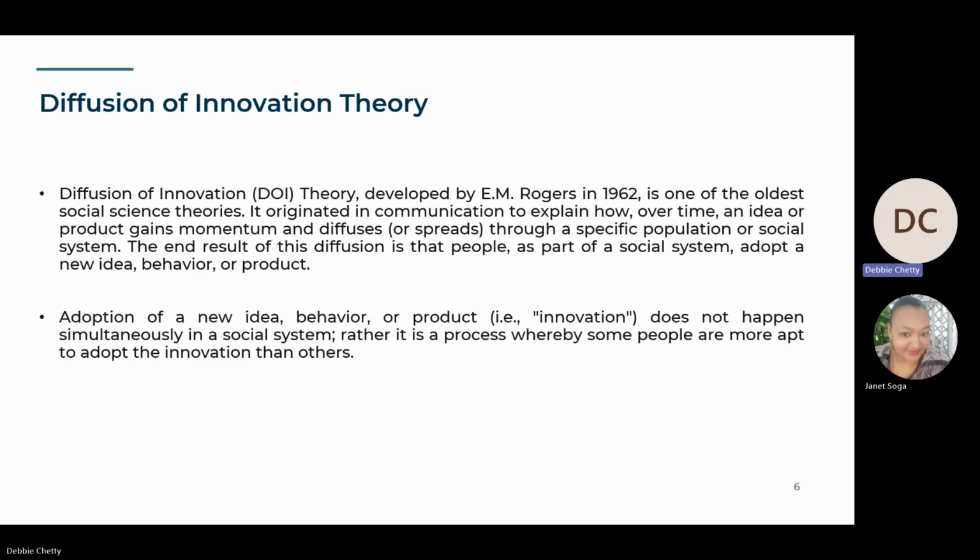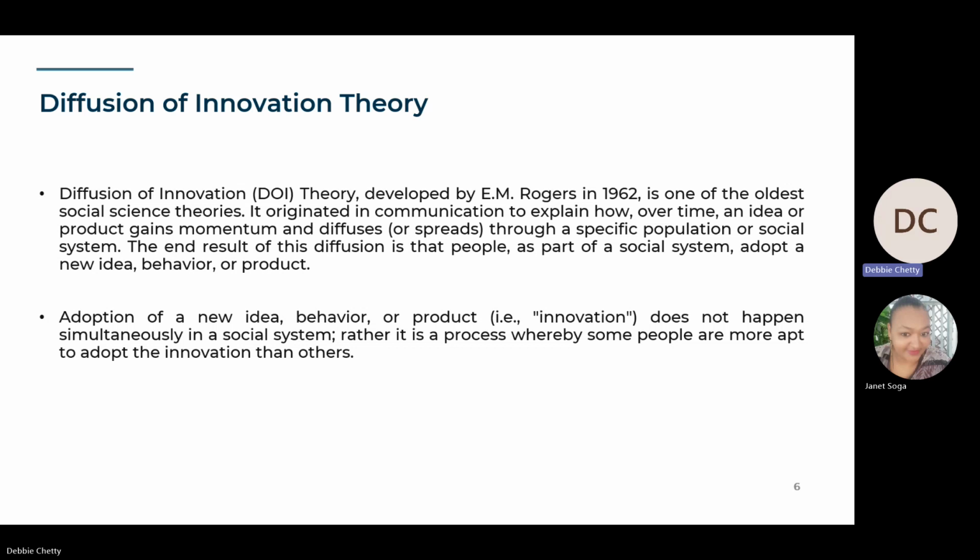Now, one of the theories of innovation is diffusion of innovation theory, right? So diffusion of innovation theory is one of the oldest social science theories. It originated in communication to explain how, over time, an idea or product gains momentum and diffuses, meaning spreads, through a specific population or social system.